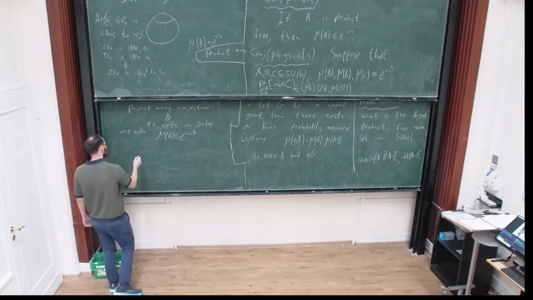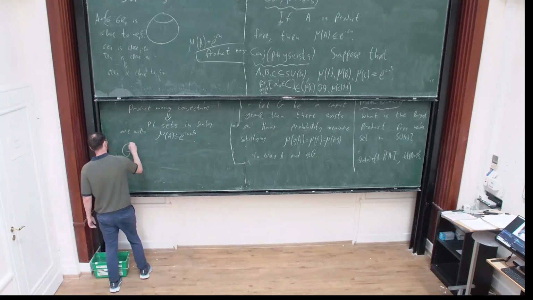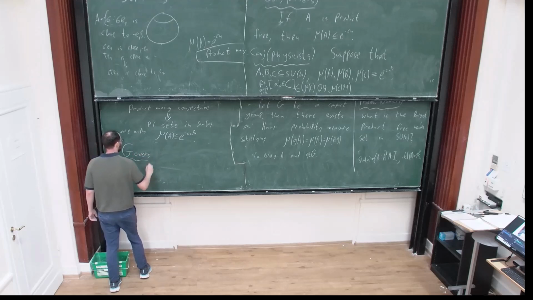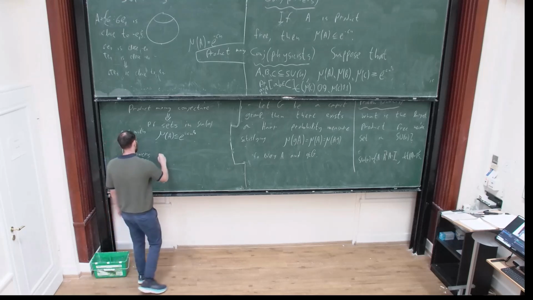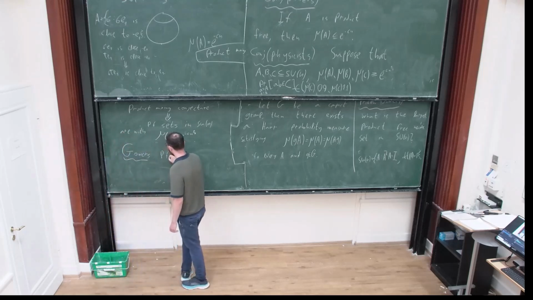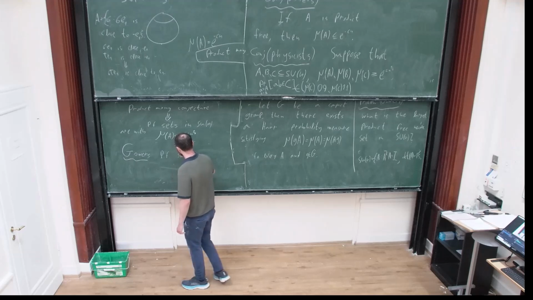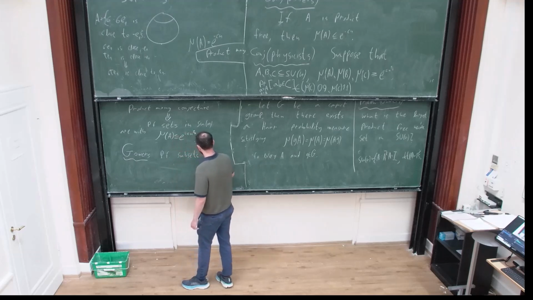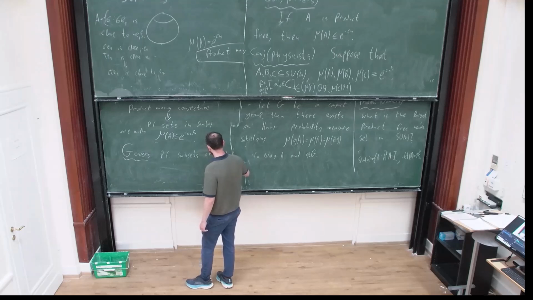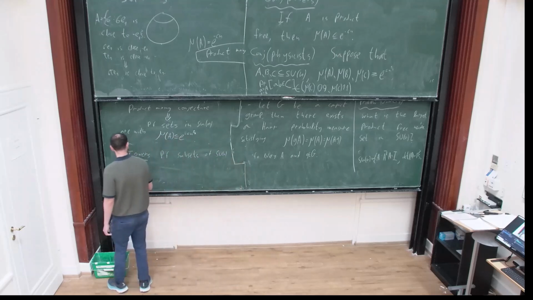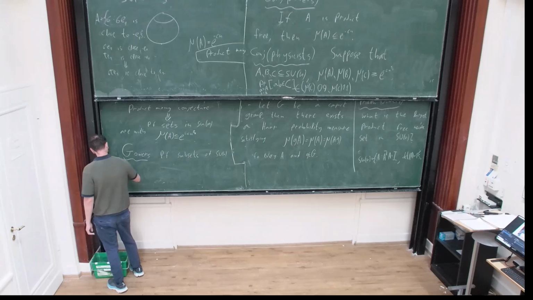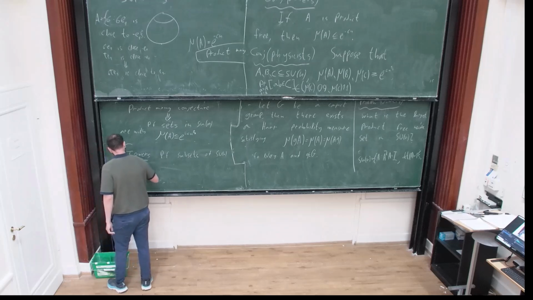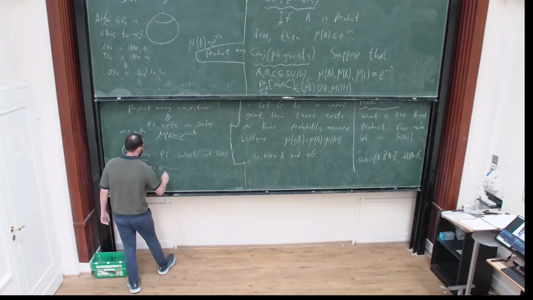And what Gowers knew was something much weaker. Gowers proved, using representation theory, that product-free subsets of SU_n have measure at most n to the minus 1/3.